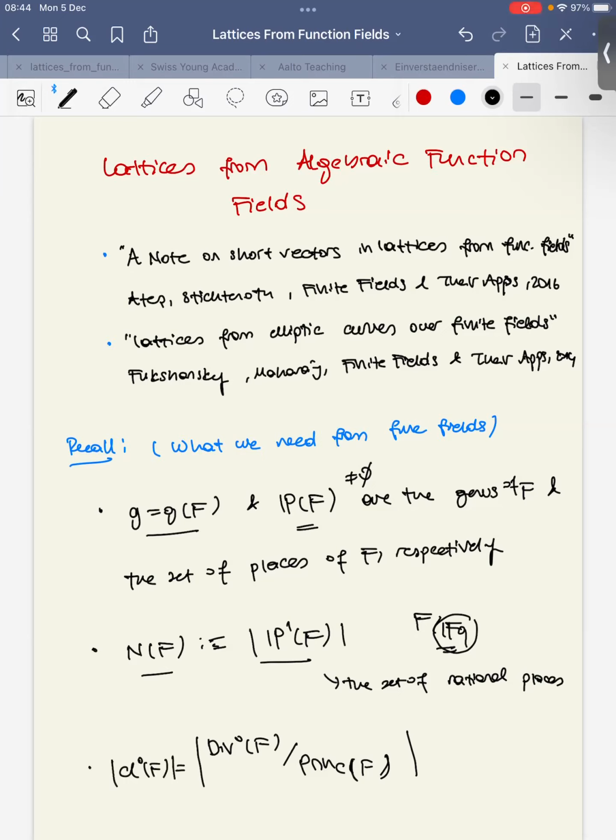Particularly when we were studying elliptic function fields, we have seen that this set provides the group structure of the elliptic function fields. And here we will be interested in their cardinality, so their group order, and we will denote this group order by h. We define it as the class number of the function field F in general, not only for elliptic curves.